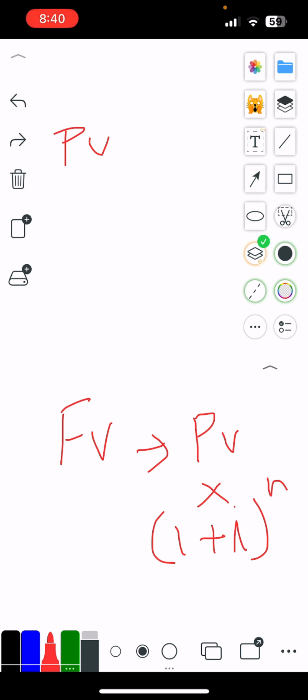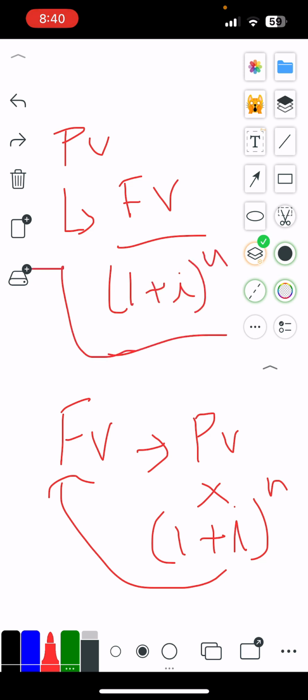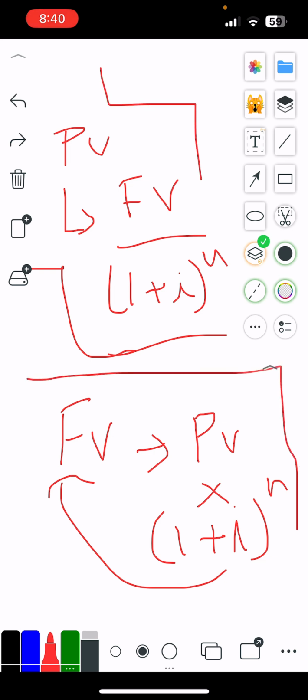To figure out your present value, you'll simply bring this part of the equation to the other side, which means your PV will be your future value divided by 1 plus I raised to n, because this is multiplied over here, so this becomes divide. So this is how you figure out your present value, and this is how you figure out your future value.